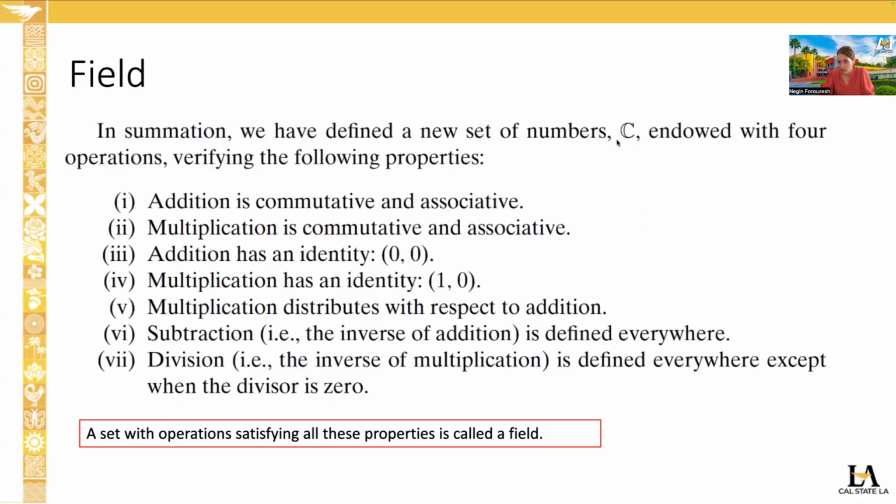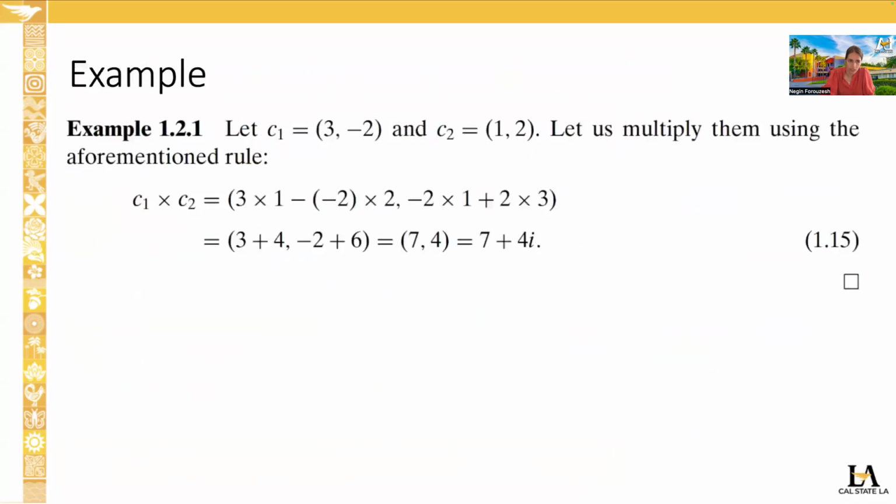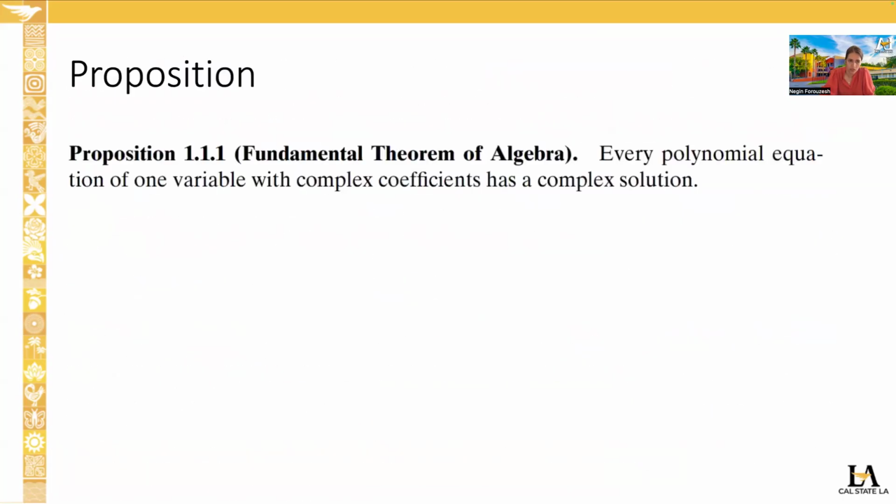And complex numbers are a field. Real numbers are also a field. You can show that they have all of these properties. But what is very unique about complex numbers, as I showed you in a proposition here, and is a property that real numbers do not have, is that every polynomial equation of one variable with complex coefficients has a complex solution.